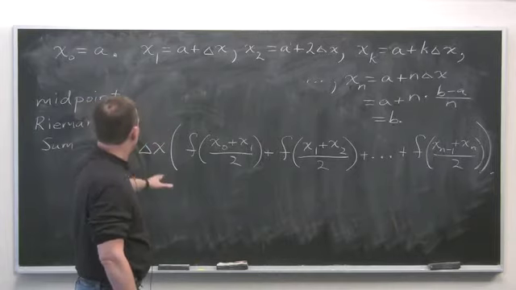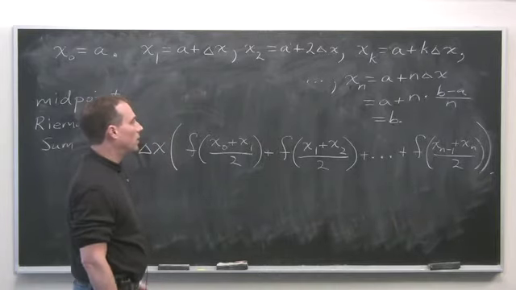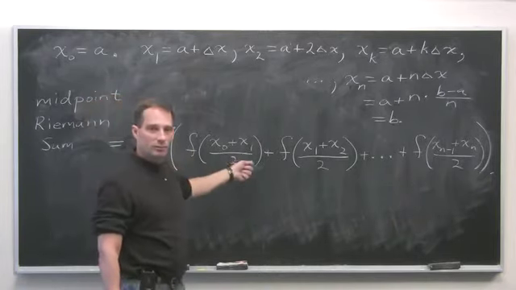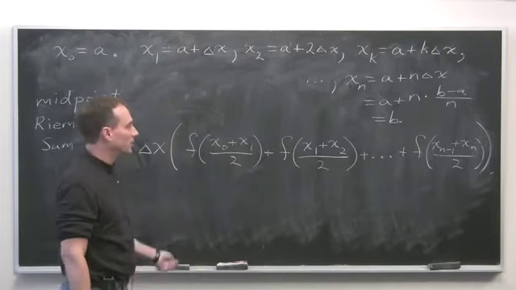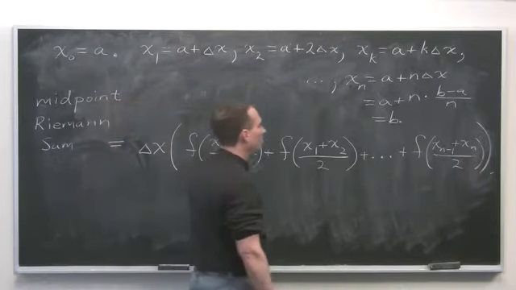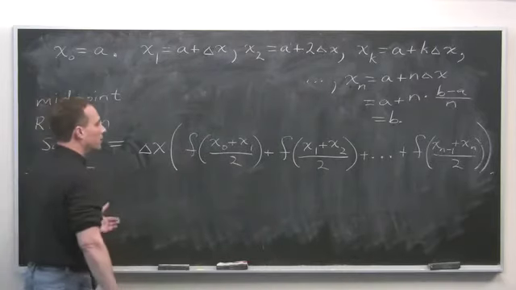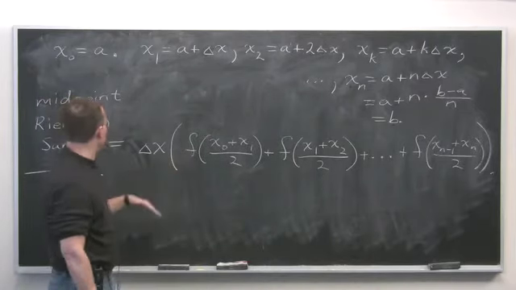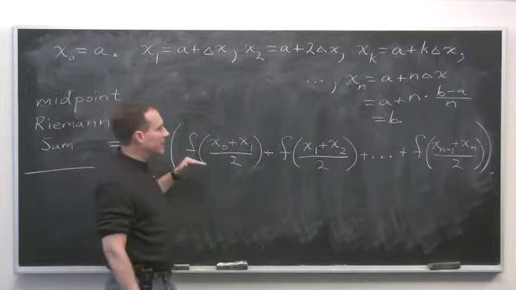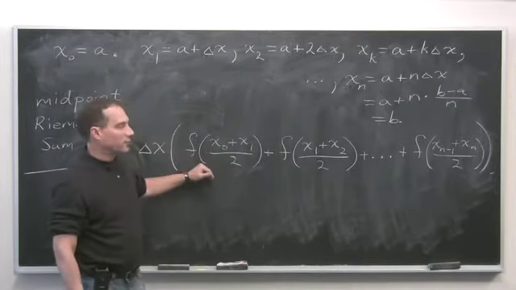Great. We could have, and we did, look at this a long time ago. But what I want to do now is try to come up with some rules, some approximations to the integral that are not Riemann sums.